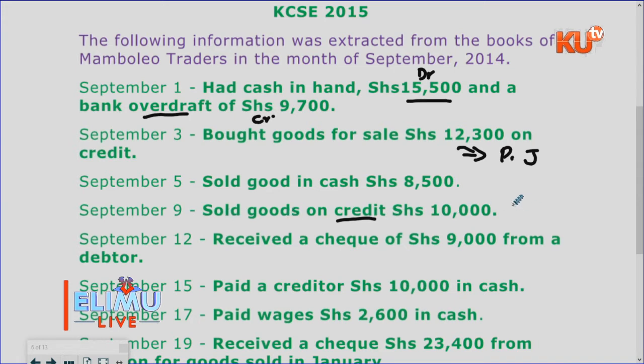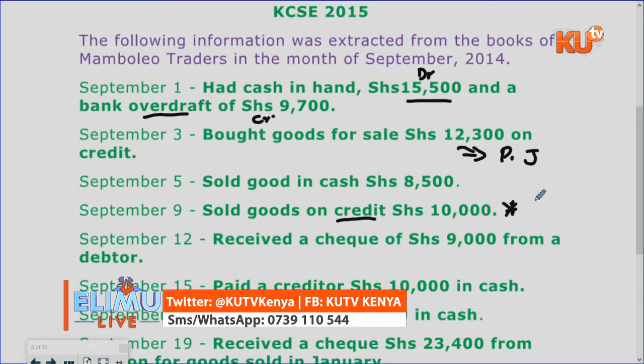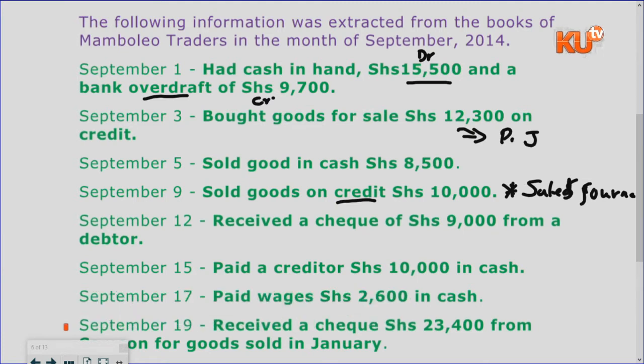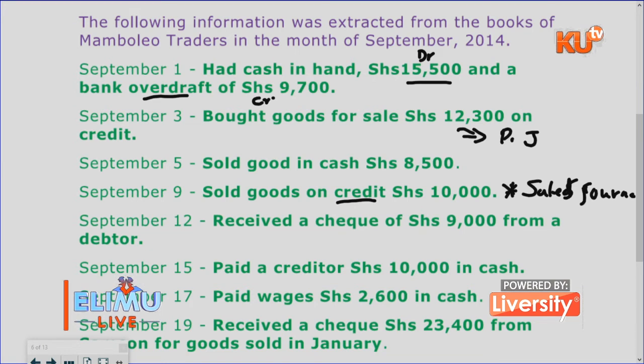If you are to record this transaction on September 9, you record it in the sales journal, or the sales diary, or the sales daybook. So we are only recording transactions that are made in cash, or where there is involvement of the bank. So we go to the next.